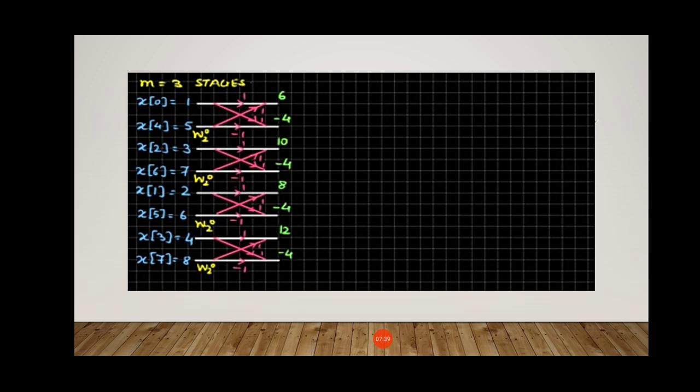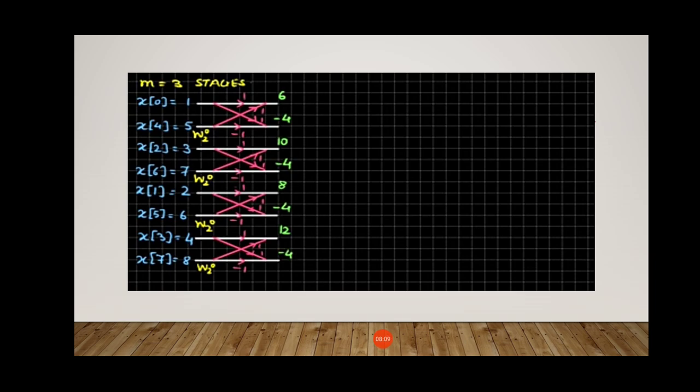1 plus W2 to the power 0 into 5. W2 to the power 0 is 1, that is 1 plus 5 is 6. Then the second result would be x0, that is 1, minus, that is why the downcoming arrow, 1 minus W2 to the power 0, that is 1 into 5. So the answer is minus 4.